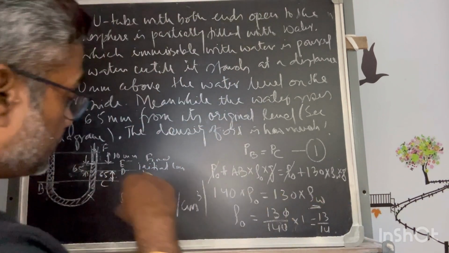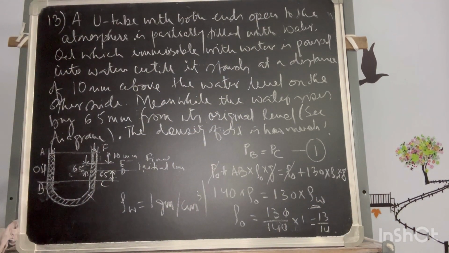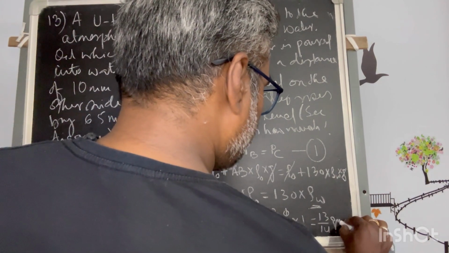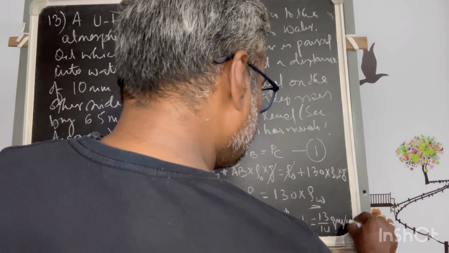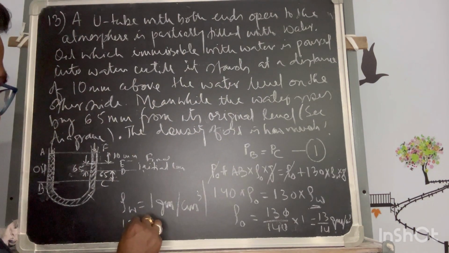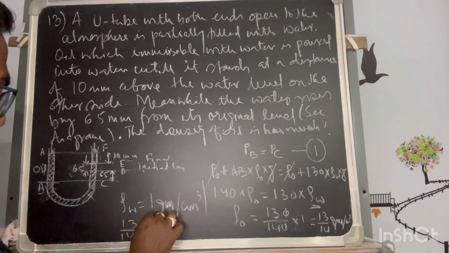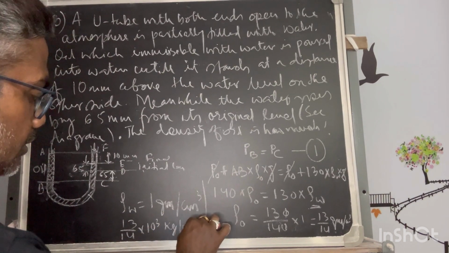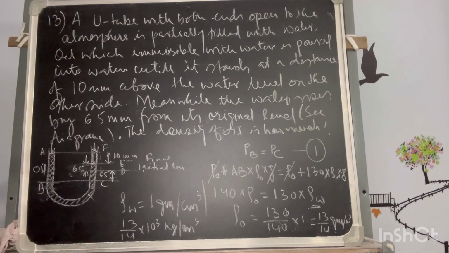You can convert it into decimal, that is up to you. But this is the value and it will come in gram per centimeter cube. If it has to be in SI unit, the only thing is that you have to multiply it with 10 to the power 3 kg per meter cube. This will be the answer.